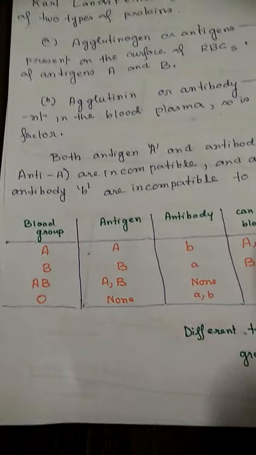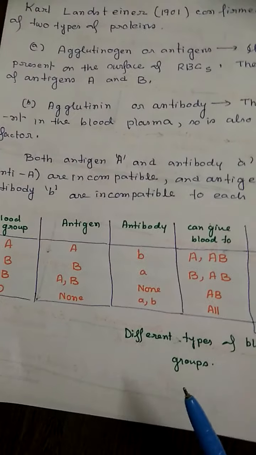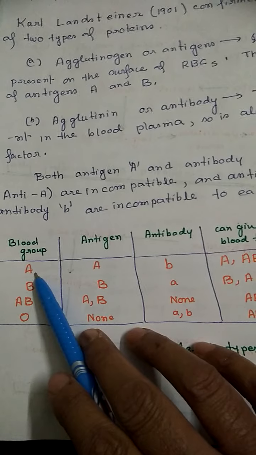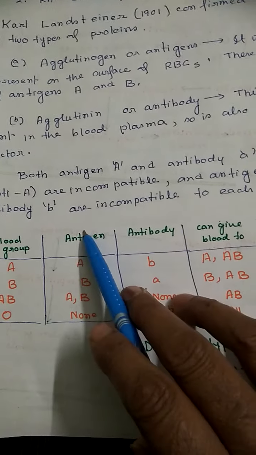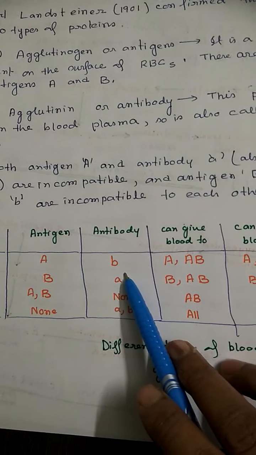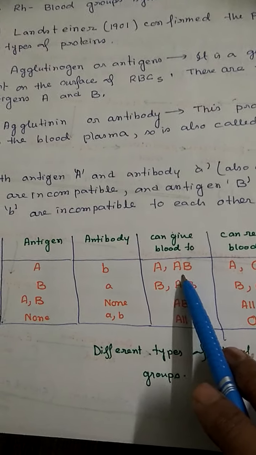Okay, now this is a table with the help of which we can easily understand the different types of blood group. So blood group A: the antigen is A, plus its antibody is small b. It can give blood only to A group and AB group.